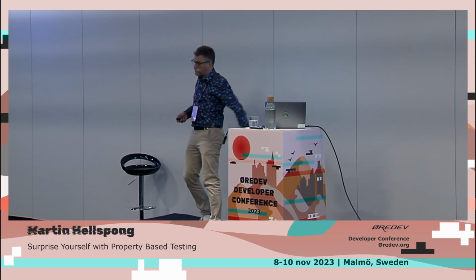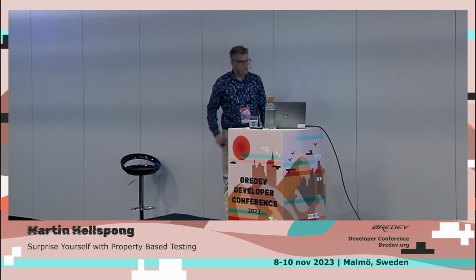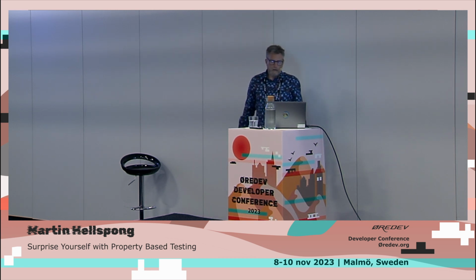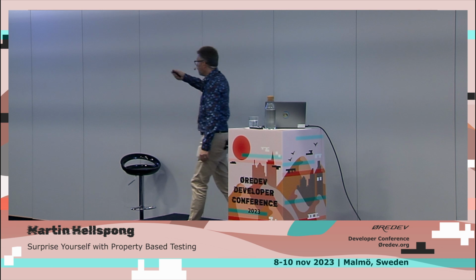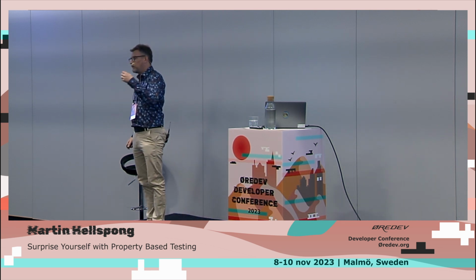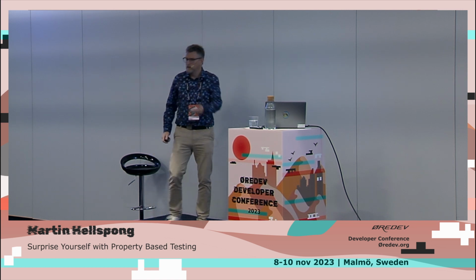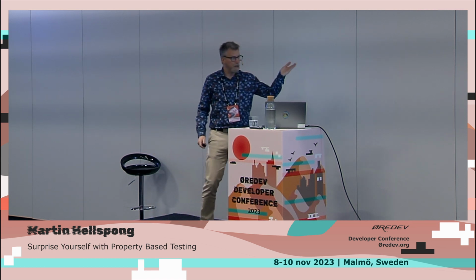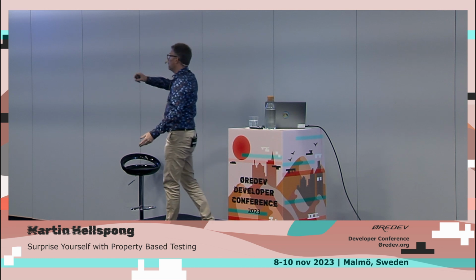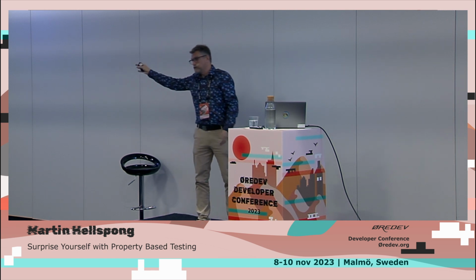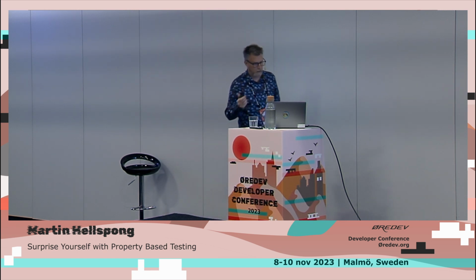It also discards. Then if we pass the postcondition, we check that the property holds. Have we found a counterexample to water being wet, or have we not? And if we have found that it doesn't hold, we fail the test, and we try to shrink the result. I will show that a little bit later.